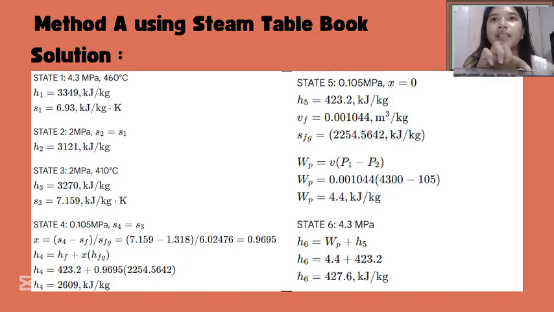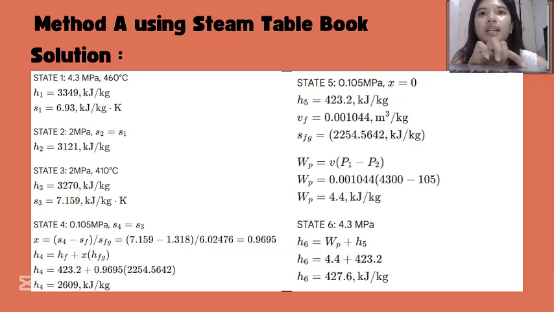Expanding isentropically in the high-pressure turbine to state 2 at 2 MPa, the entropy remains constant, so S1 is equal to S2. And the enthalpy H2 is found to be 3,121. The steam is reheated isobarically to state 3 at 2 MPa and 410 degrees Celsius, resulting in an enthalpy H3 of 3,270 and entropy of 7.159.